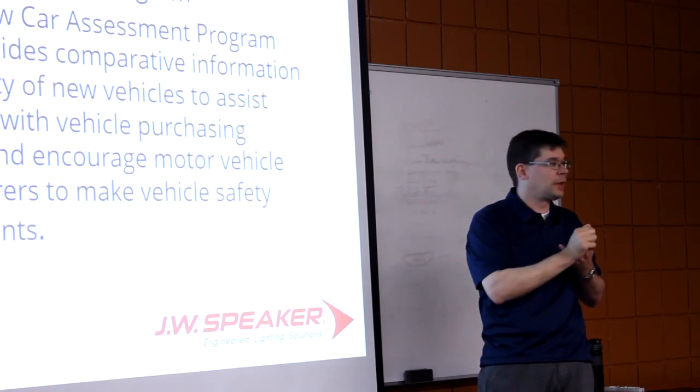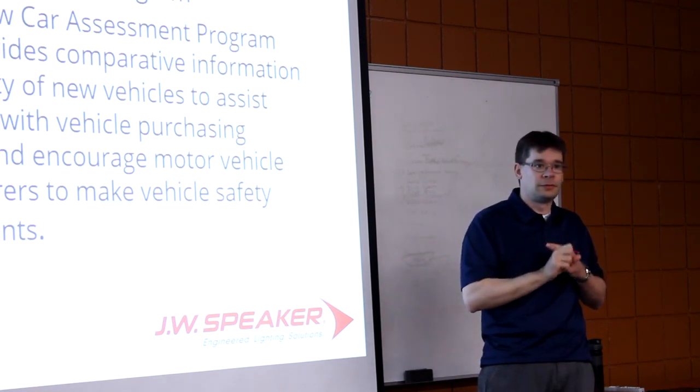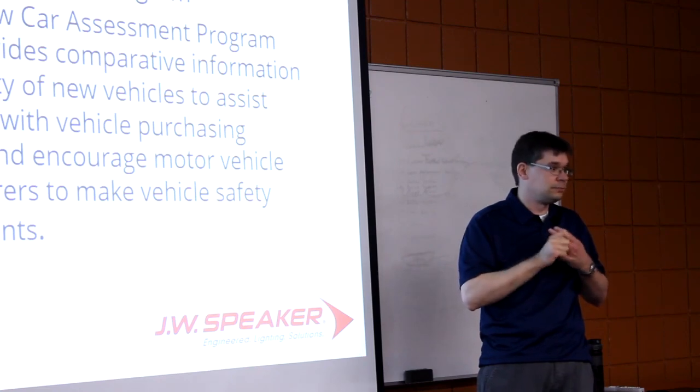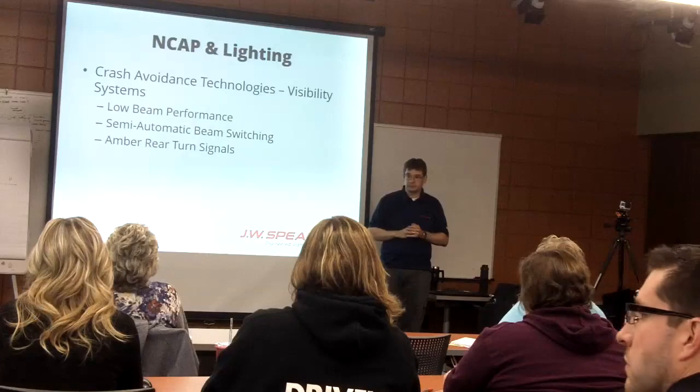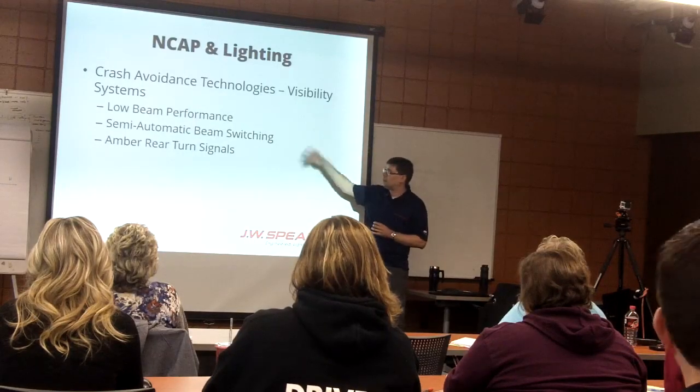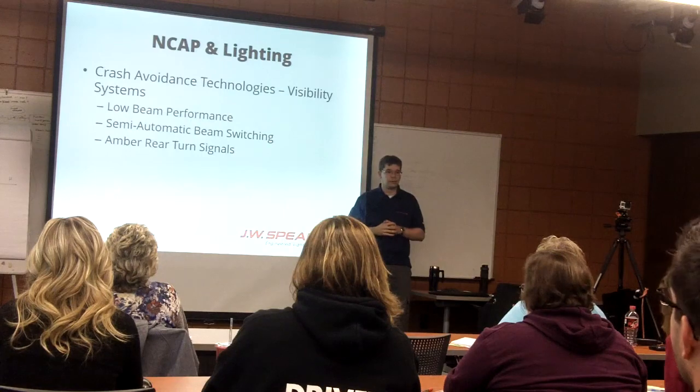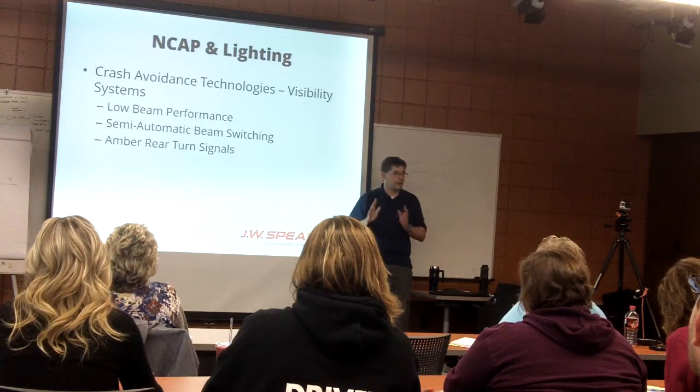Both of those things we don't really have anything to do with. The third one is a headlamp performance requirement. It talks about low beam performance, and it has some further test points beyond what is required by FMVSS 108. If you have a vehicle that does all these things, you're going to get a better score for this 5-star rating.